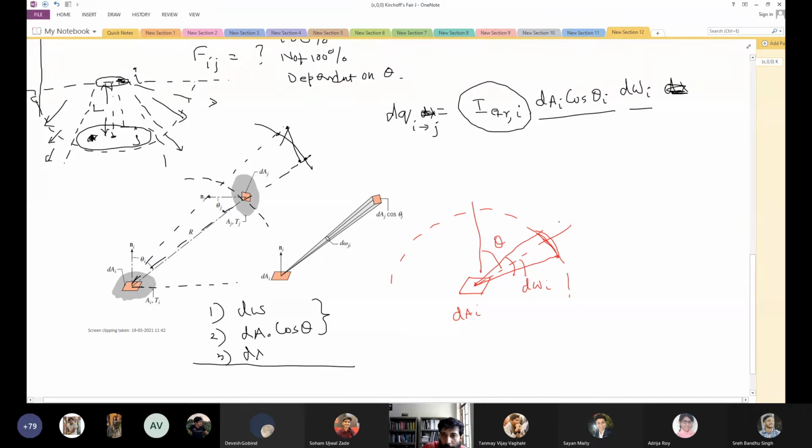My area might be oriented like this, and this is the surface of the hemisphere, and this is the angle theta_j. The area I am shading here is dA_j cos theta_j, the shaded area.